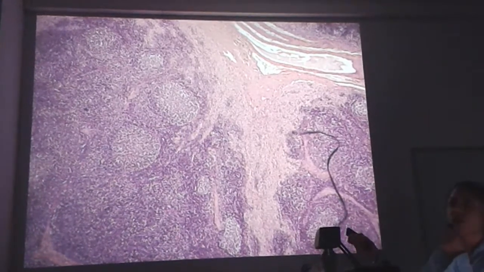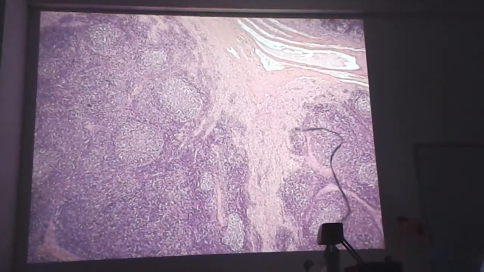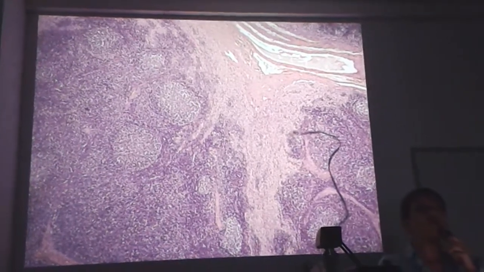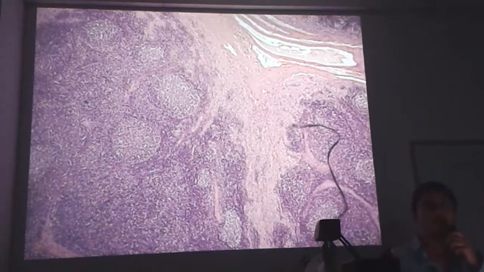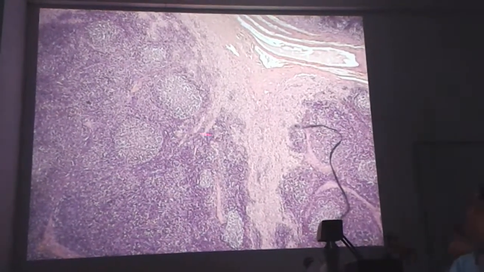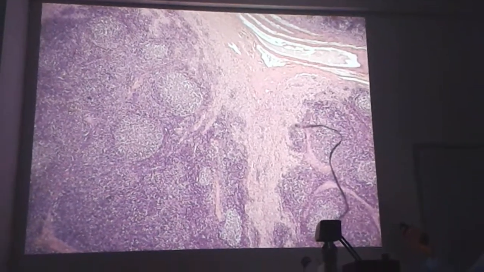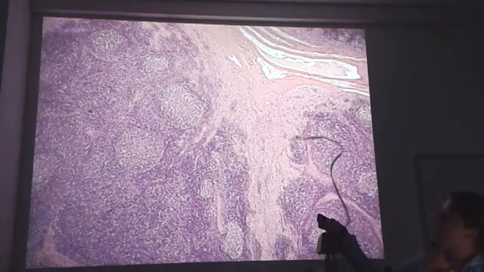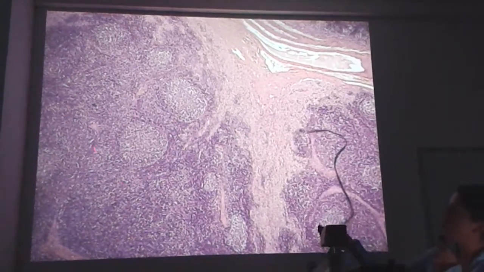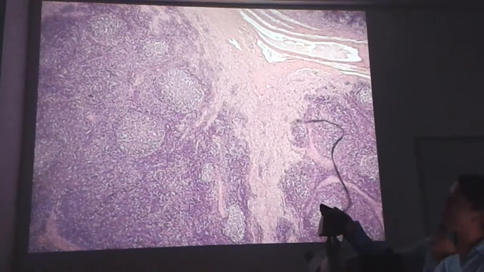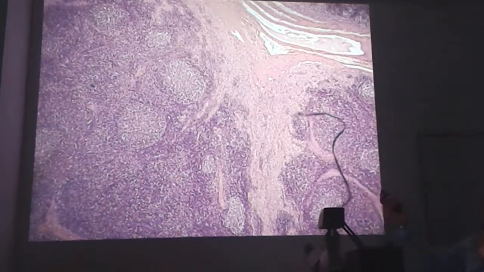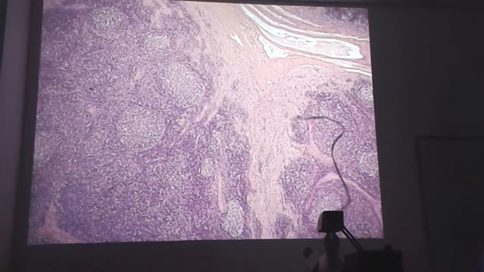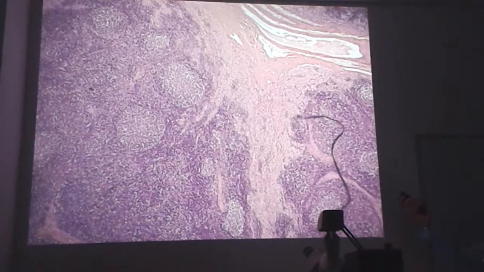In the medulla, you will see medullary cords, which means lots of macrophages, dendritic cells, some T and B lymphocytes as well, and there are lots of blood vessels like sinuses in this medullary region. So in the cortex we have lymph follicles. The lymph follicles have a germinal center and the outside cortex, and the medulla region of the lymph node consists of medullary cords, which are supported by blood vessels.